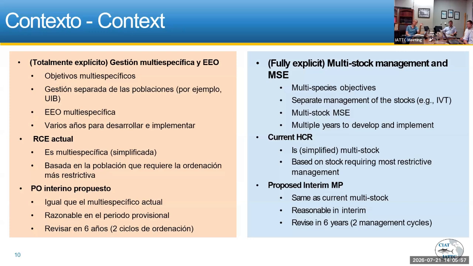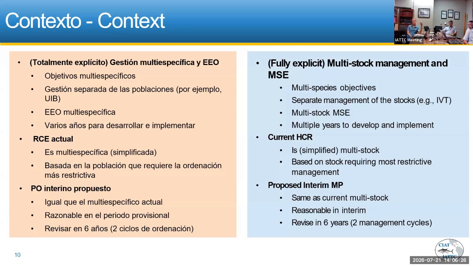Also develop a multi-stock MSE. So this is quite complicated. You all have realized that the management strategy evaluation took quite a long time to do. We're still trying to work out management objectives for big eye tuna. So this approach, a fully explicit multi-stock management and MSE, will probably take several years to develop and implement.